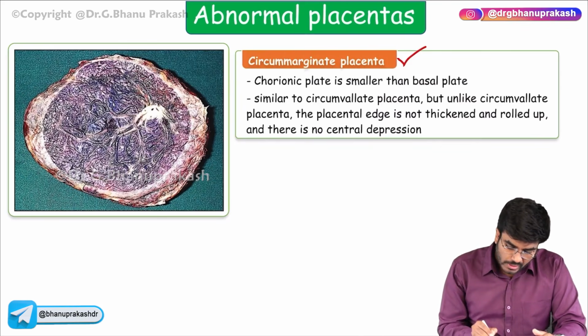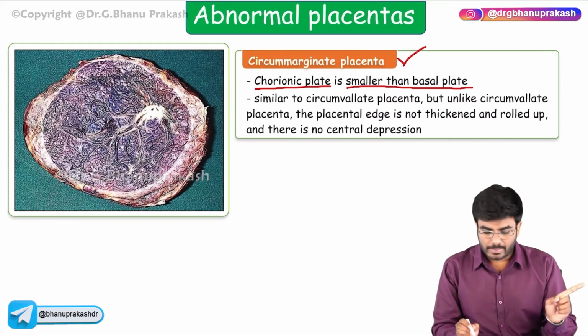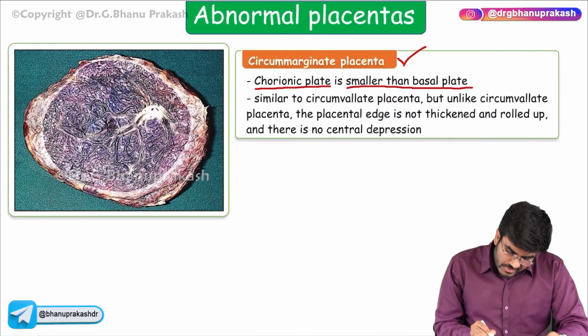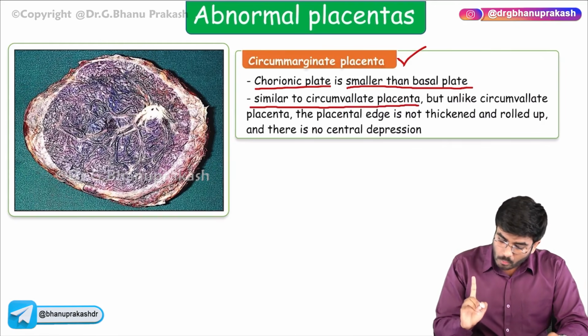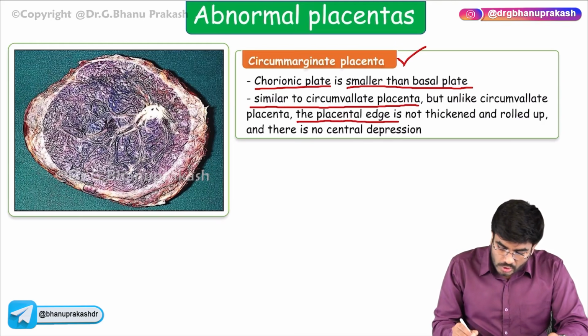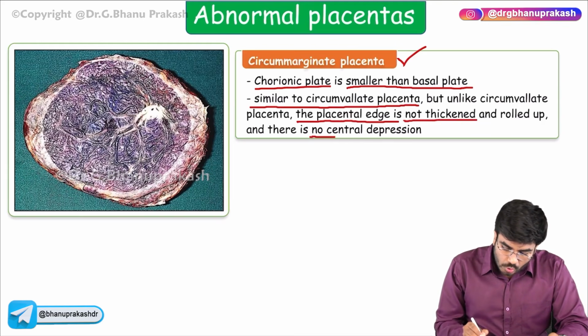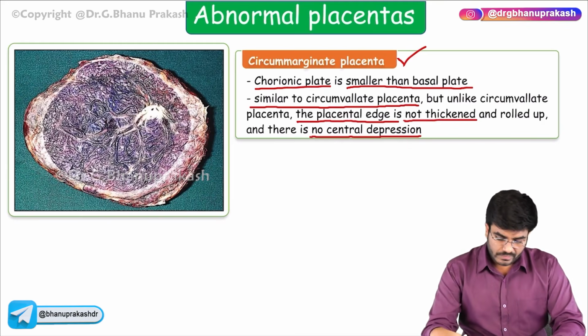Here also, the chorionic plate is smaller than the basal plate, same as circumvallate placenta. Circummarginate is similar to circumvallate, but the difference is that the placental edge is not thickened and there is no central depression. This is the circummarginate type.